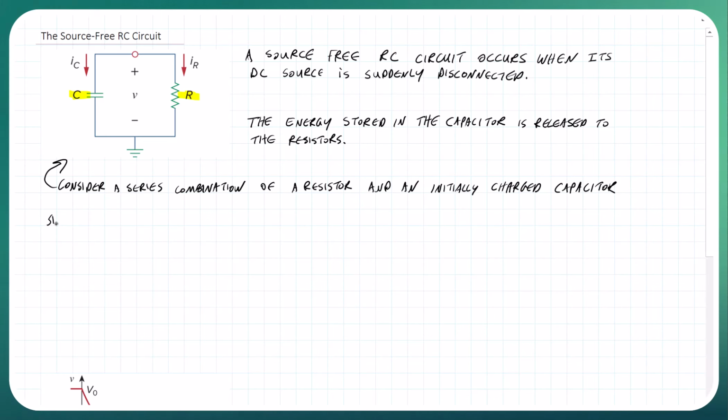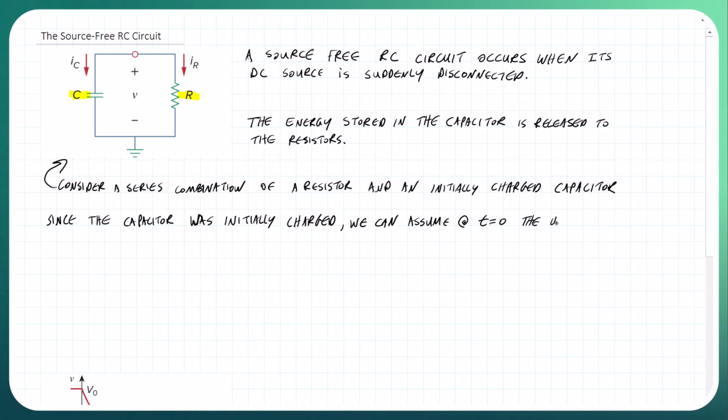So since the capacitor was initially charged, we can assume at time equals 0, the initial voltage is V of 0 equals V naught.